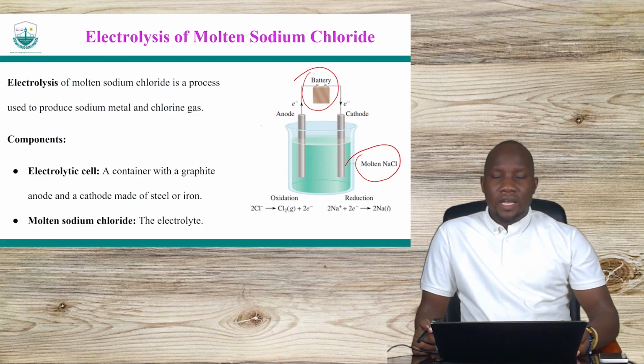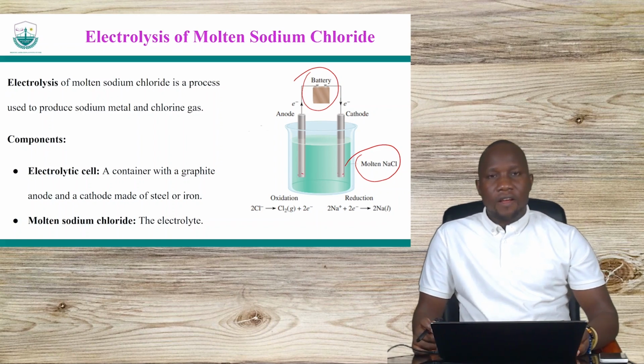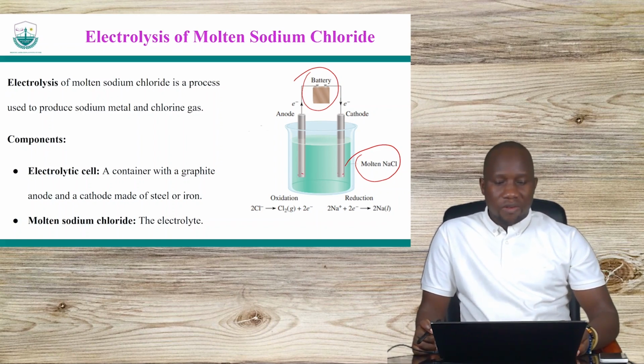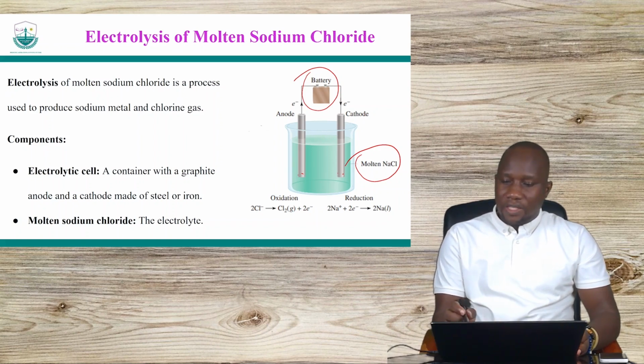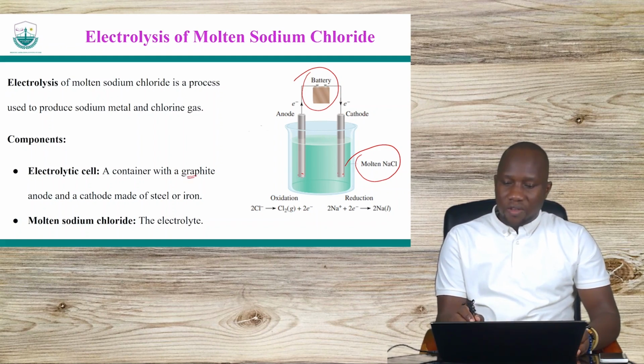The electrodes that you will use, you have graphite electrode, and then you also have iron or steel. What we are saying here is that the anode has to be graphite.